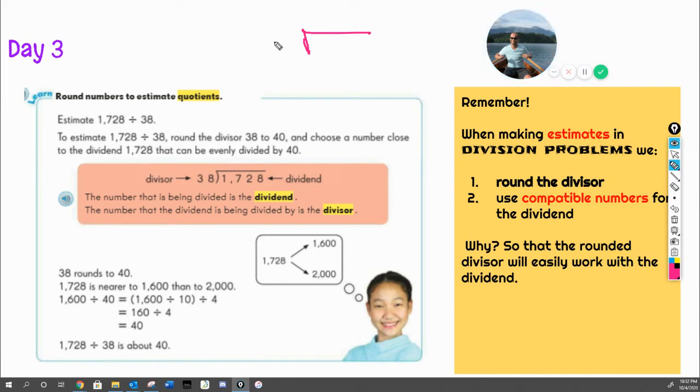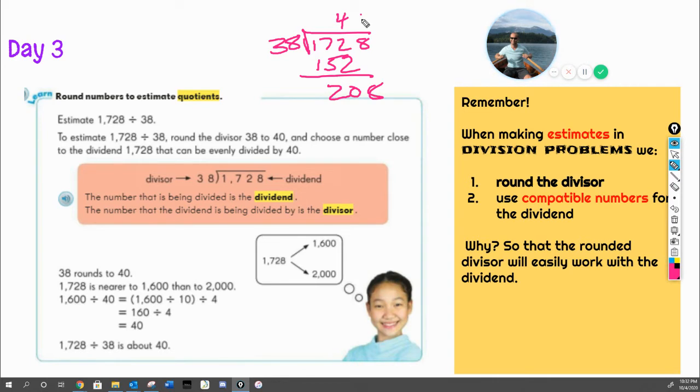We're not doing this in this actual lesson, but when you're starting the long division, that's going to give you your starting point too. 38 is going to go into 200. That's about 40, and that's about 200. So there's estimating again.